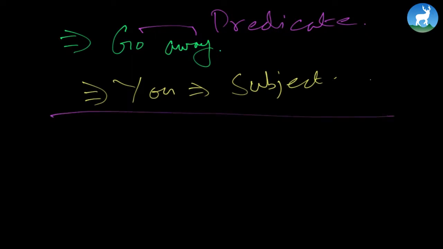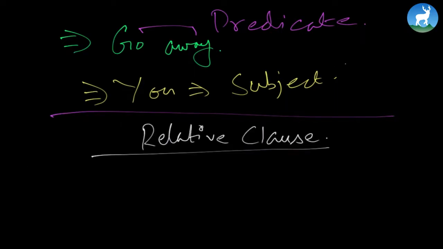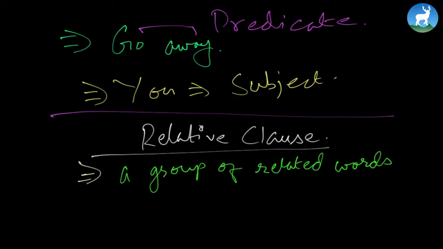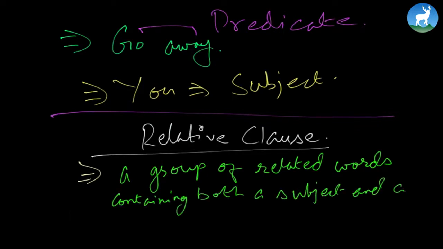Now there's one more term I'd like to introduce, which we define as relative clause. Now that we know the sentences and have an understanding of subject and predicate, let's go to relative clause. A relative clause is a group of related words containing both a subject and a verb.